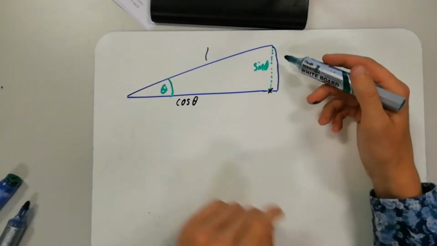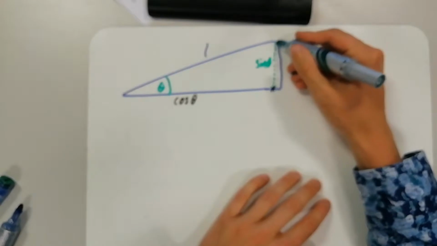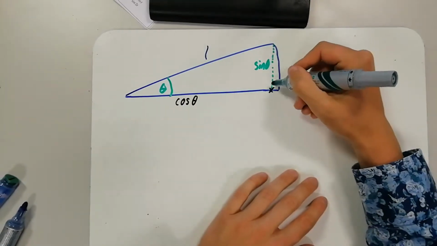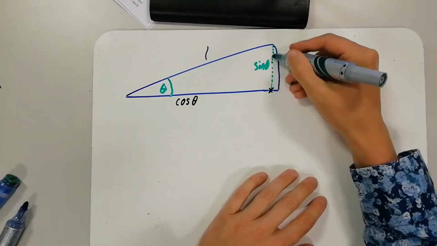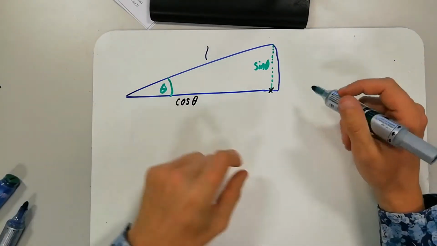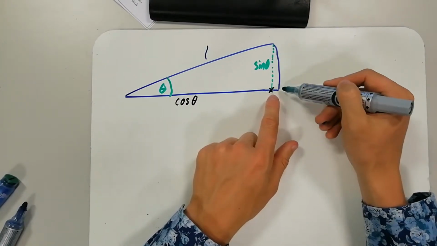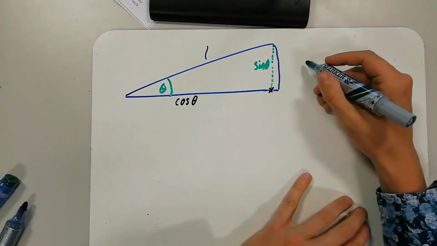What we notice is, for very small angles of theta, the difference between this curved arc and this vertical opposite is negligible. The smaller the angle theta becomes, the closer that vertical line will get to the length of this curved line there.